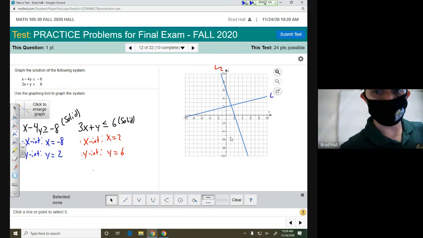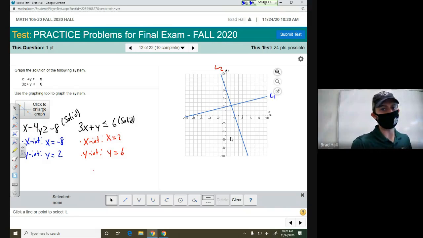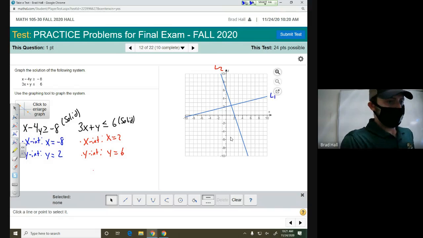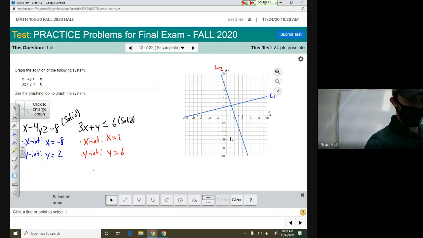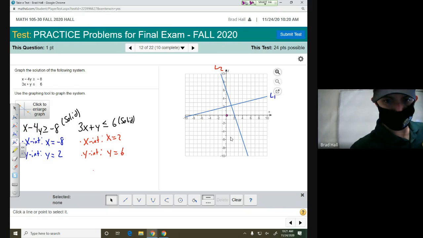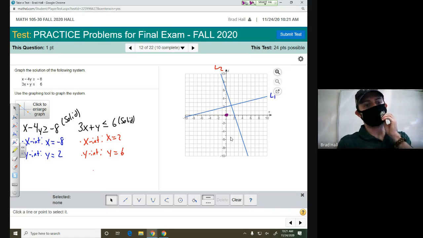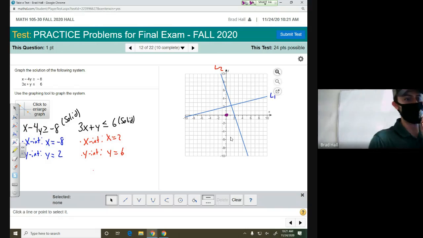Now I'll make a little point of note here, which line is which, as I consider now which region to shade. So in both cases, I will be testing the origin, which will tell me which region I should shade.